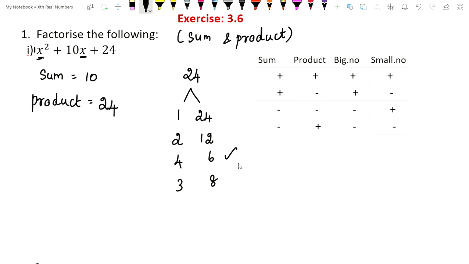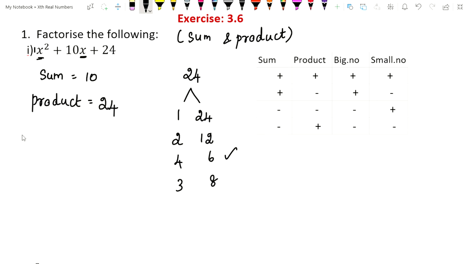4 and 6. After that we see the sign here. Because both are positive, we are going to put the plus sign only. Sum positive, product positive means the bigger number positive and the smaller number also positive. So here 4, 6.